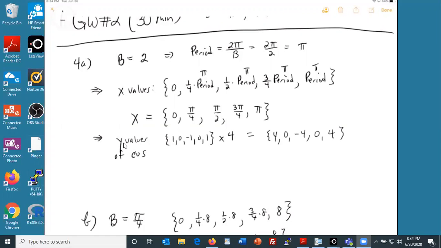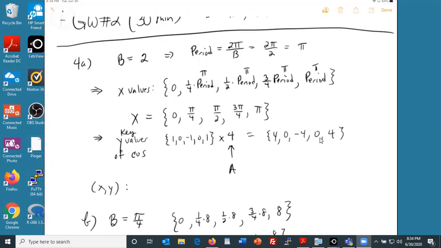And now to get the key y values of cosine, you take the key cosine y values and multiply them by a. A is 4 in that equation, and it gives you these y values. So these are the key x values, these are the key y values. Remember that the first thing you have to really show me on your lab are the pairs, the xy pairs.